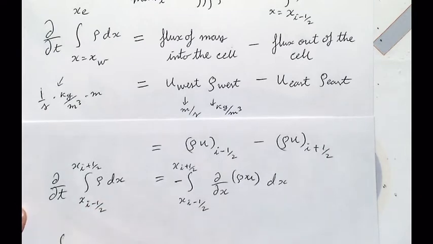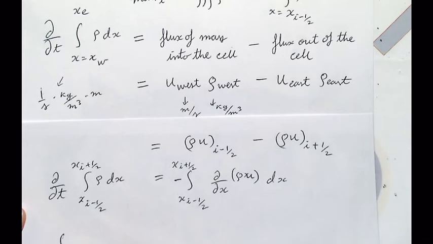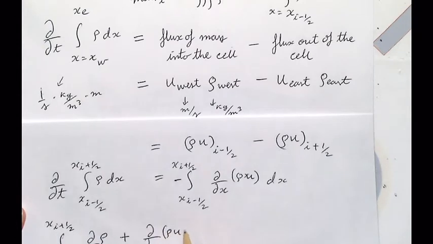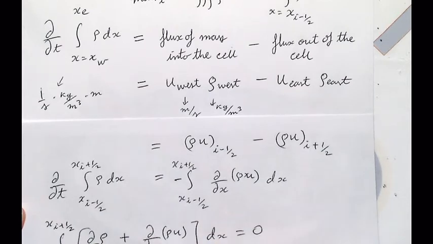We get the integral from xi minus half to xi plus half of del by del t of rho plus del by del x of rho u, whole thing dx, equals 0.